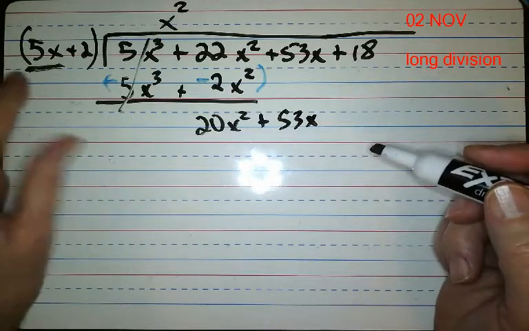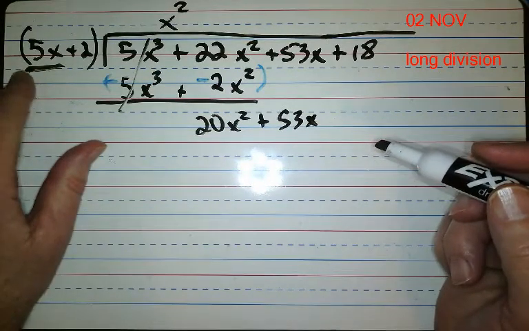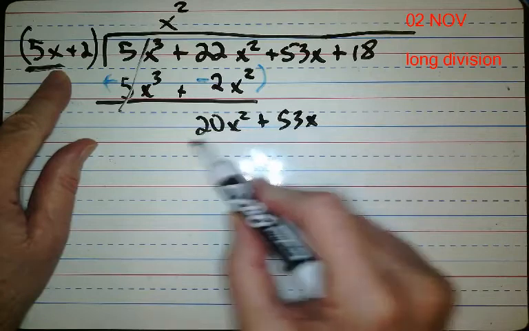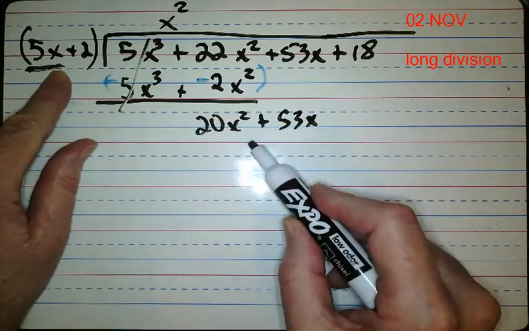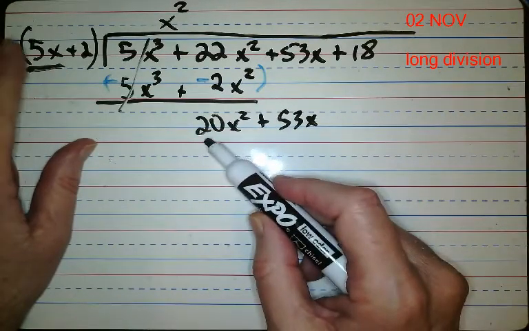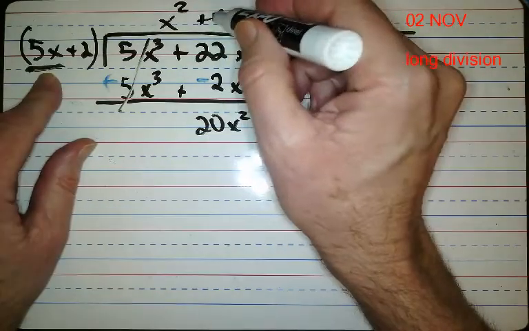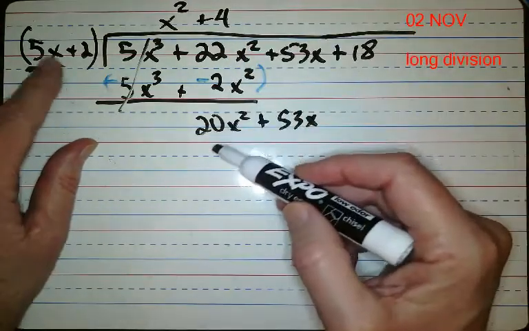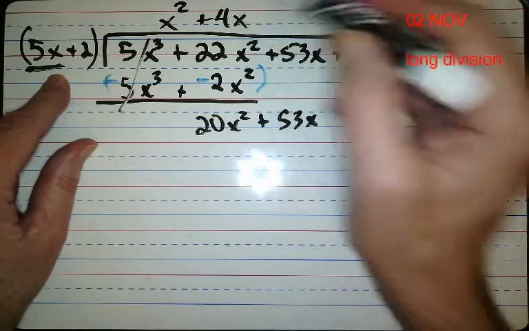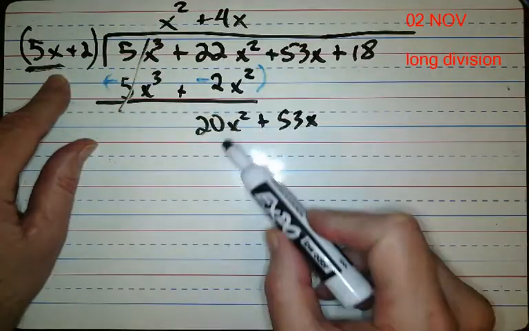Now then, this 5x, just the front piece, has to look like this front piece, because we're trying to get the front pieces to go away. Right? So 5 times 4 would make 20, and I need x squared, so I need 4x there. X times that would be x squared.